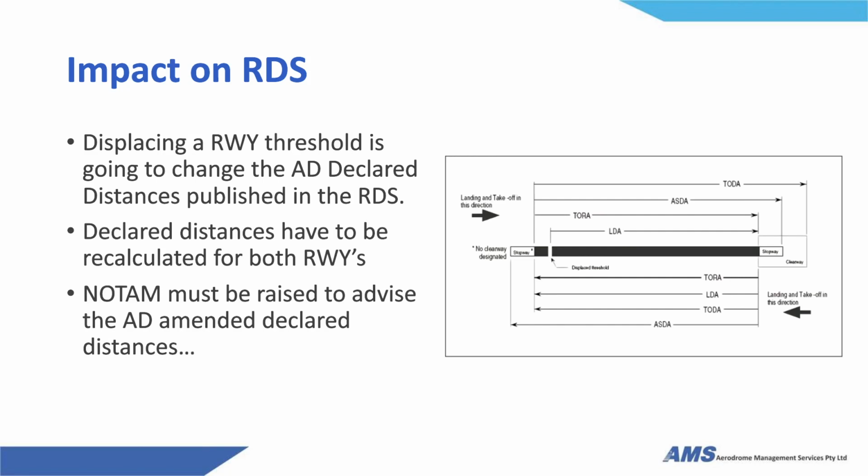So based on the scenario of why we displaced the threshold, that could have an impact on our declared distances, our TODA, our ASDA, our TORA, LDA for each end of the runway. We have to recalculate what those new lengths are and publish those lengths via a NOTAM.